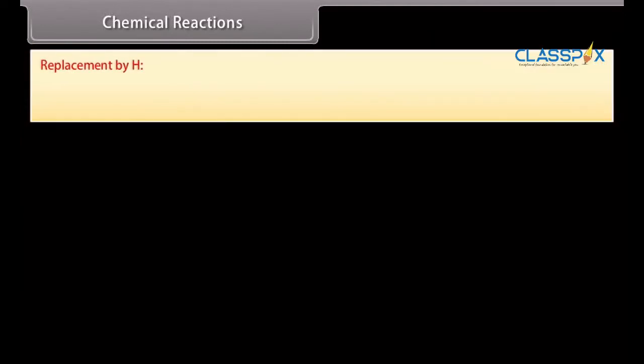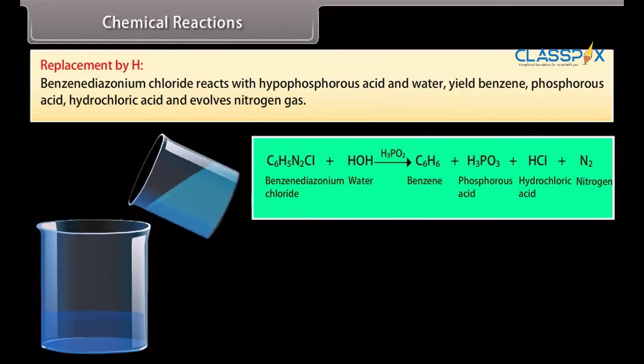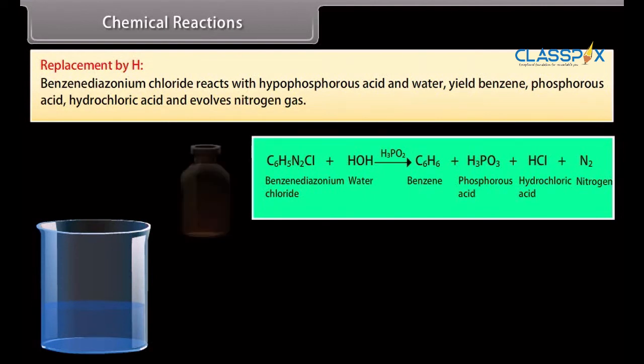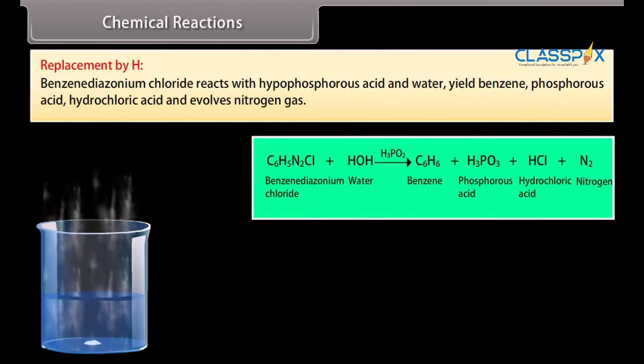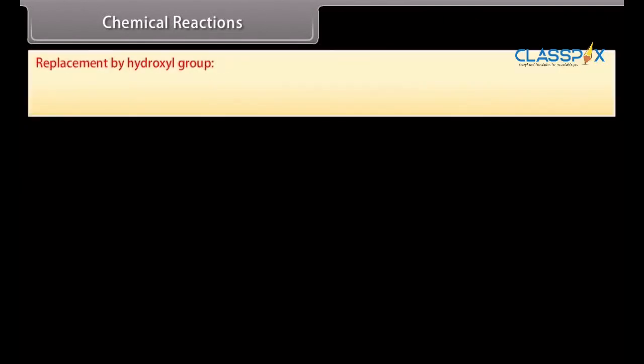Replacement by H. Benzene diazonium chloride reacts with hypophosphorus acid and water, yielding benzene, phosphorus acid, hydrochloric acid and evolves nitrogen gas. Replacement by hydroxyl group.